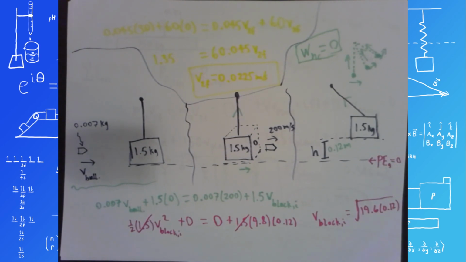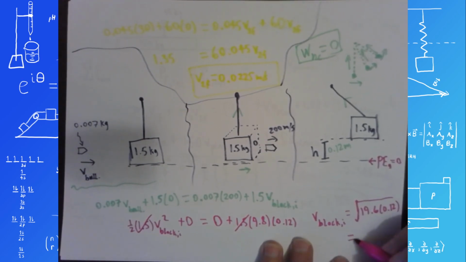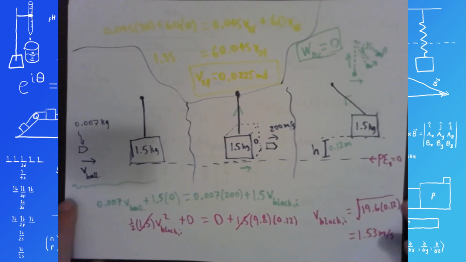Then let's grab the calculator and see what that amounts to. Square root of 19.6 times 0.12, and I'm getting about 1.53 meters per second.